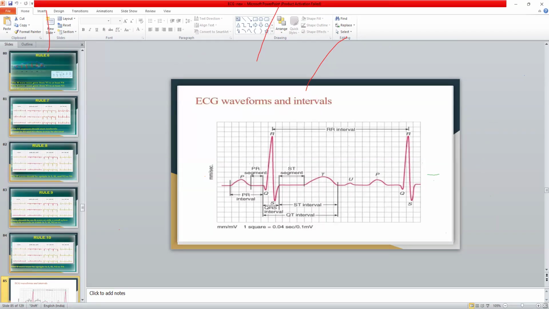I am ending the session with the normal ECG wave, showing its waveforms and the intervals.